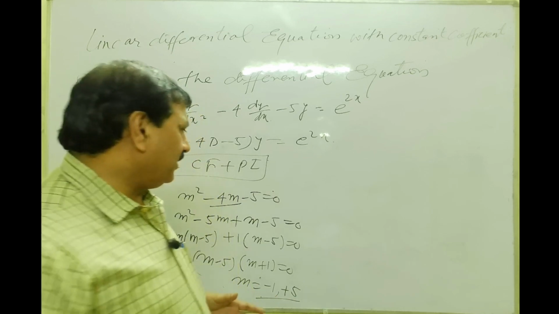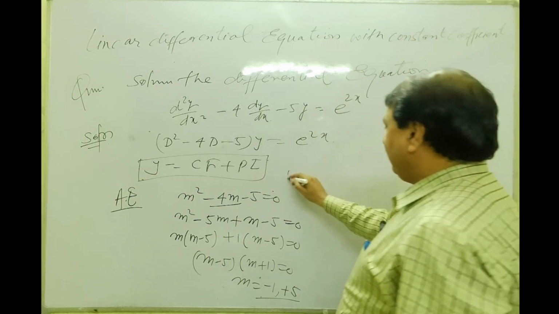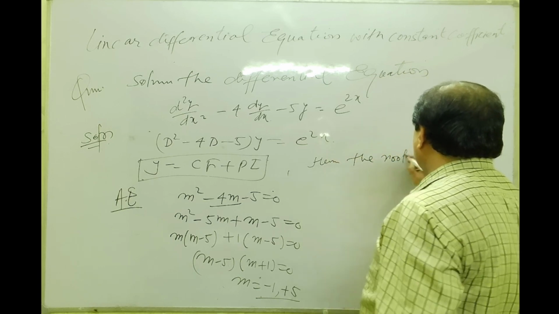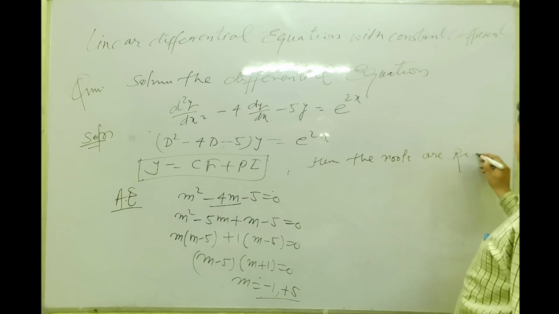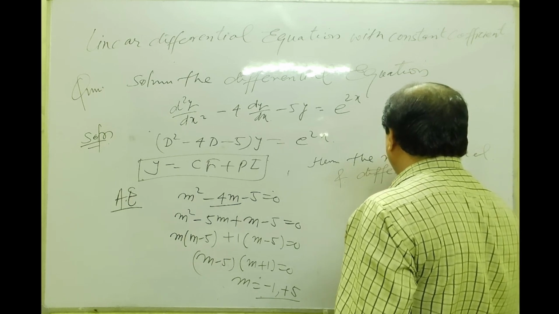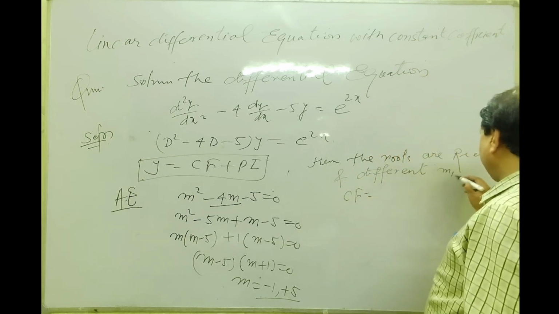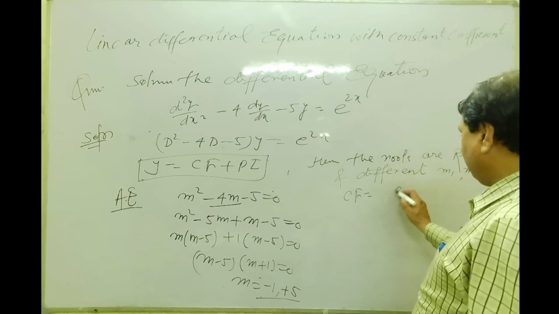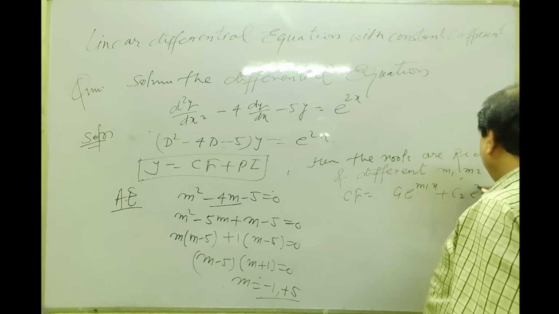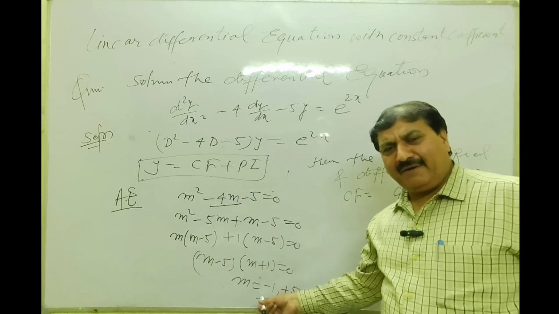When the roots are real and different, say m1 and m2, the complementary function is CF = c1 e^(m1 x) + c2 e^(m2 x). In this case the roots are real and different, −1 and 5.